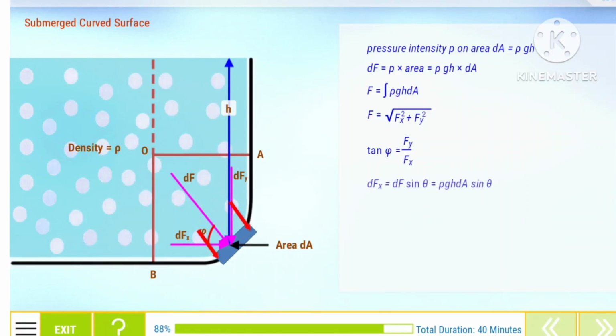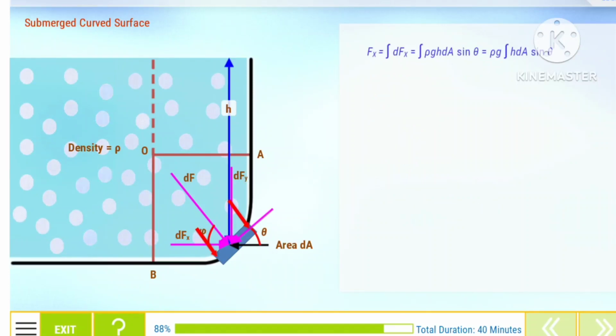Resolving the force dF in the x and y directions, we get dFx is equal to dF into sine theta, which is equal to rho into g into h into dA into sine theta, and dFy is equal to dF into cos theta, which is equal to rho into g into h into dA into cos theta.